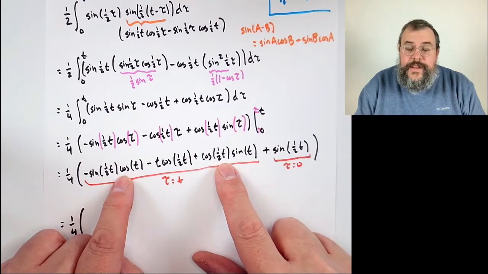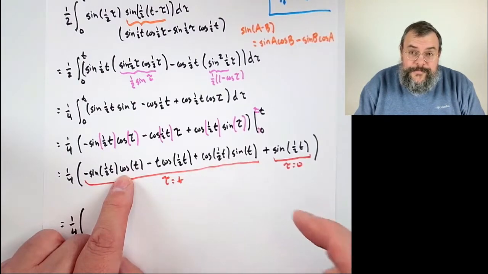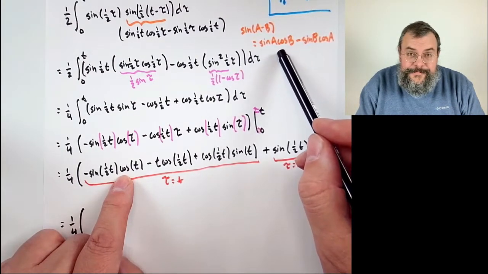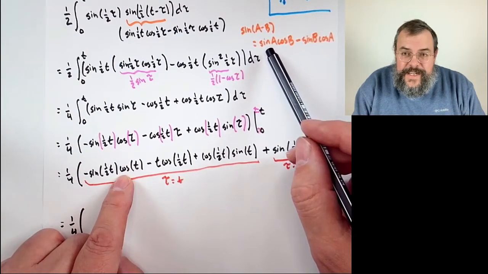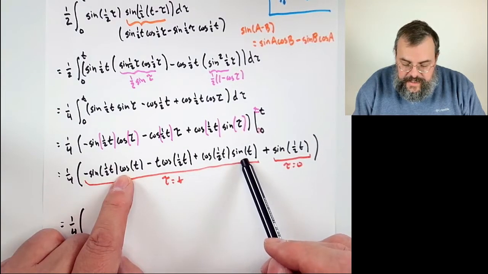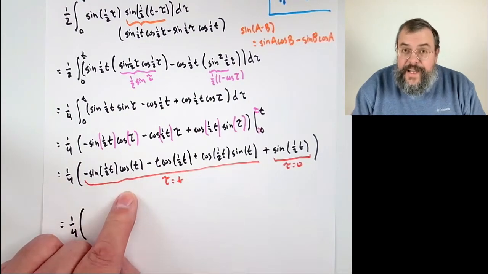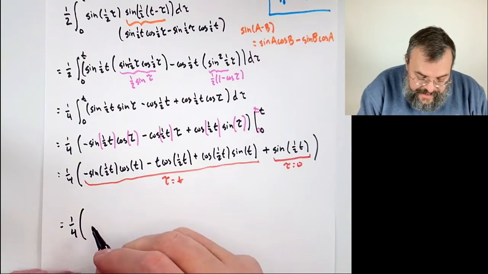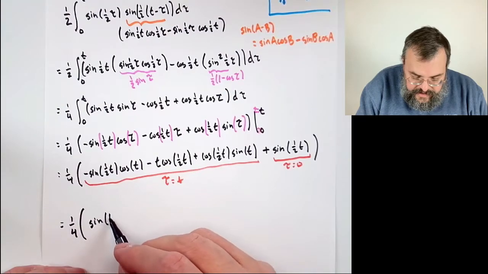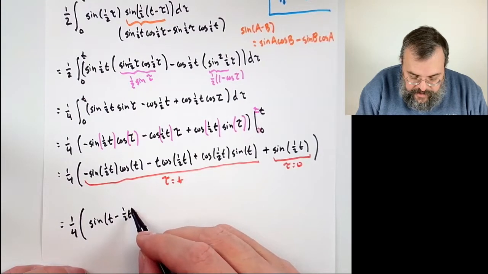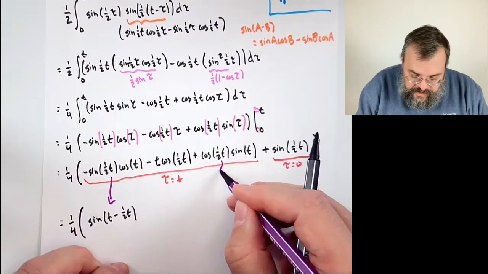Does it look like anything we've seen before? Like this. We've seen that before because we see it right now. It's like sine A cosine B. So sine A cosine B minus sine B cosine A. So that, if we combine these two terms together, that becomes sine of t minus 1/2 t. So that's these terms combined.